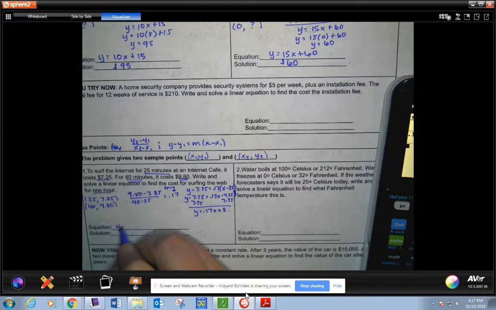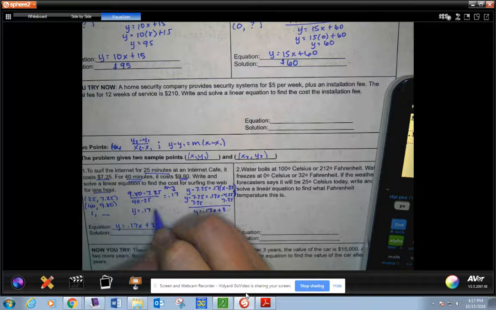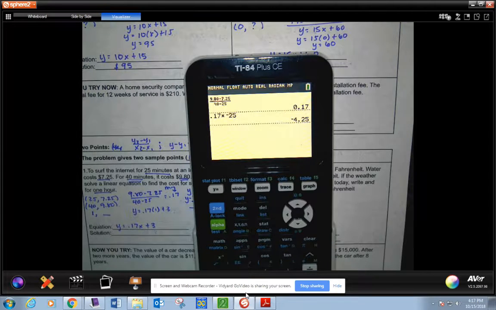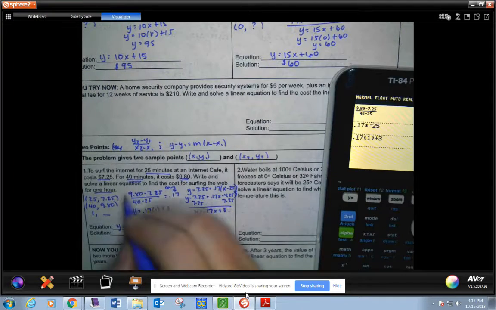So my equation is y equals 0.17x plus 3. And now if I want to figure out the cost for surfing for 1 hour, we're just going to do y equals 0.17 times 1 plus 3. So grab your calculator, 0.17 times 1 plus 3, and y equals 3.17.